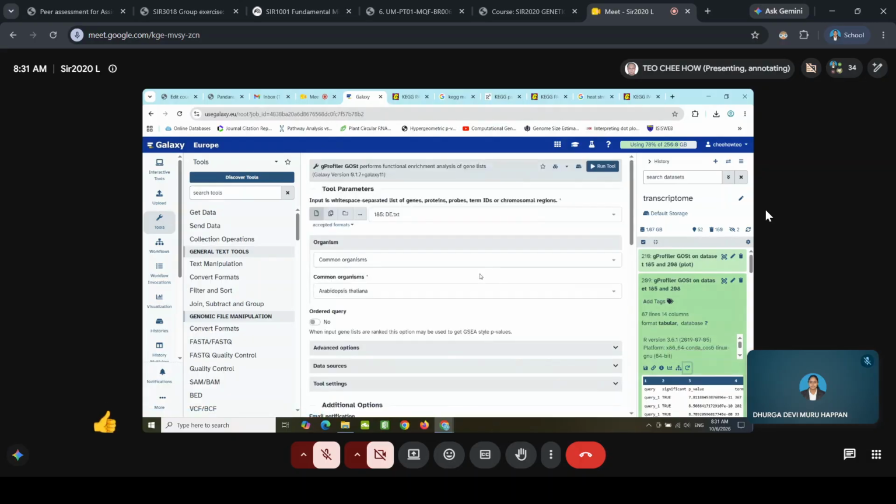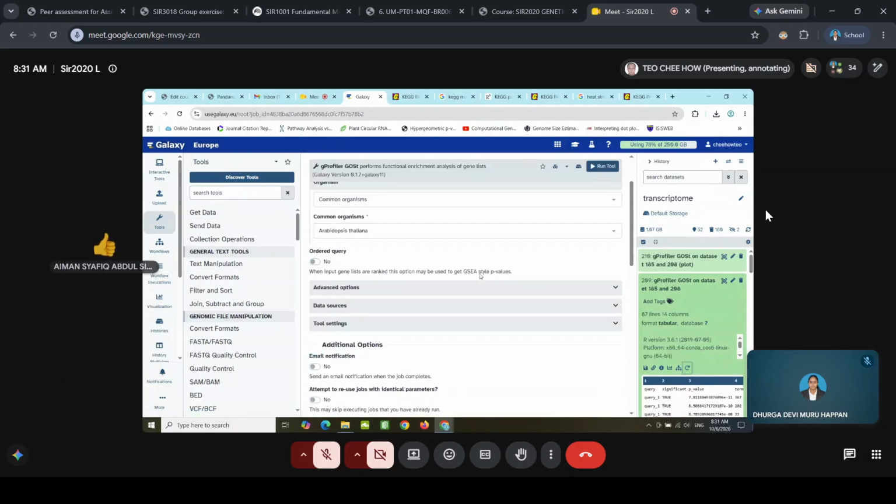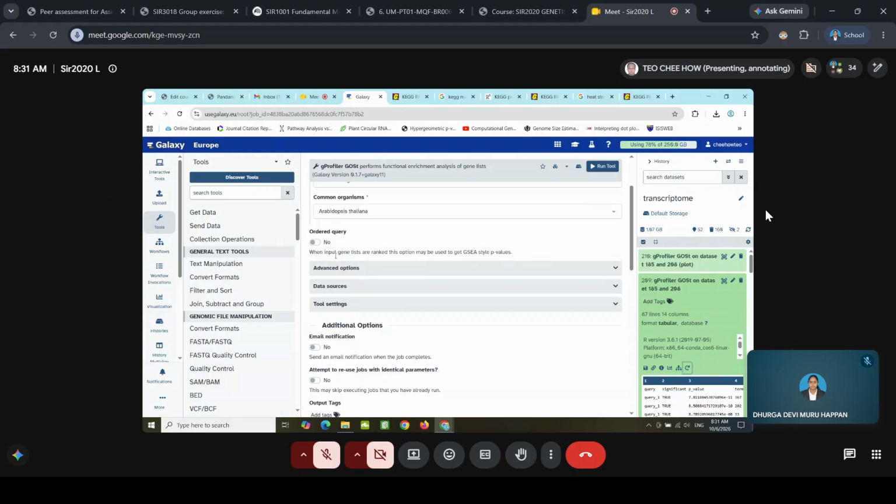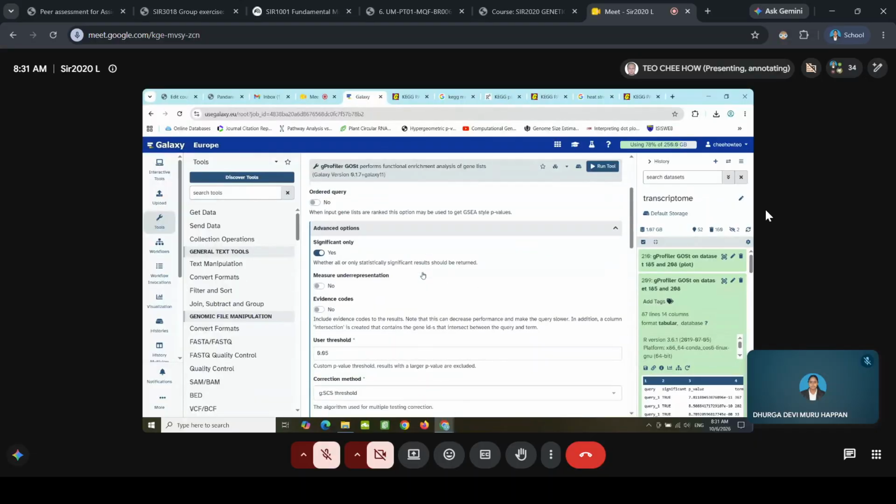I'm not sure whether they will allow us to check. Let me see whether it would be able to provide the genes.